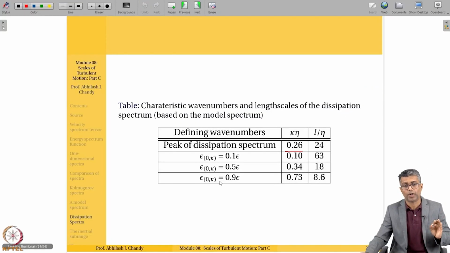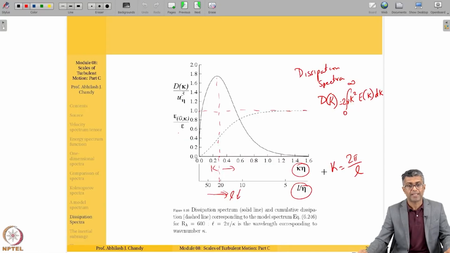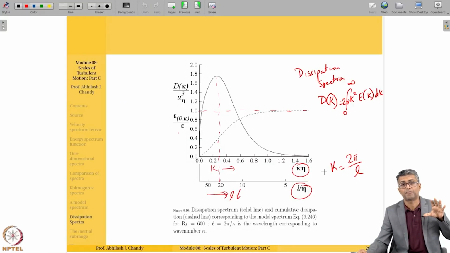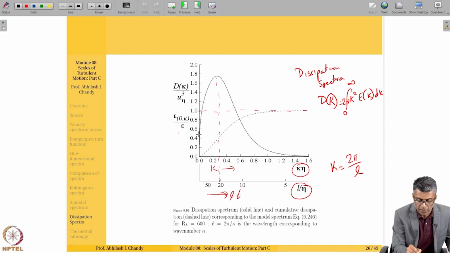The centroid, as in the middle of the dissipation, occurs at kappa eta equals 0.34 and L over eta equals 18. So now let me look at that. The centroid, which is where the cumulative dissipation is 50% of the total dissipation, is this one right here.